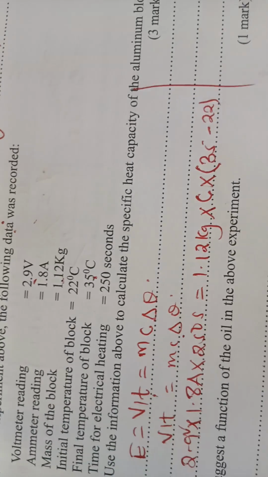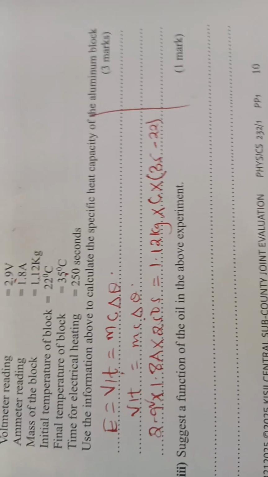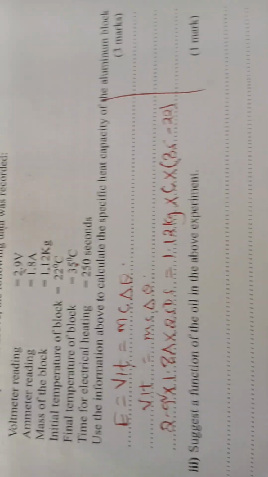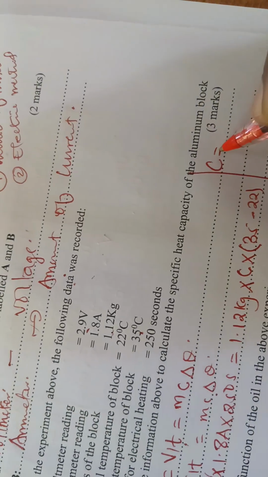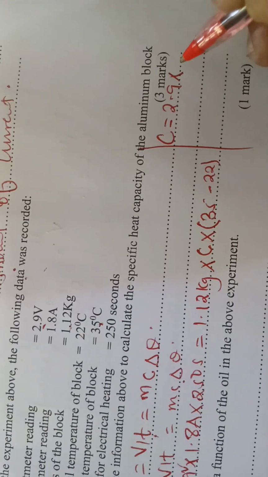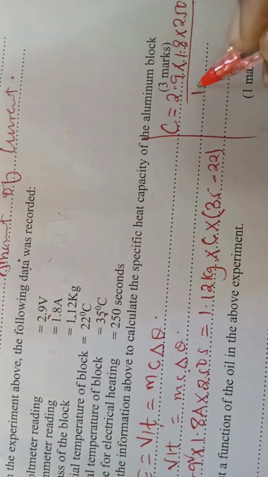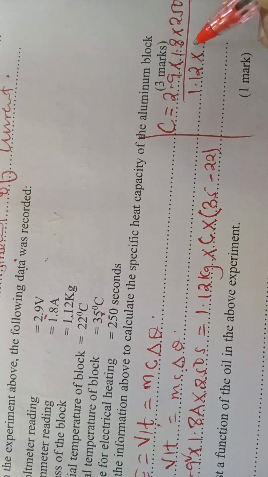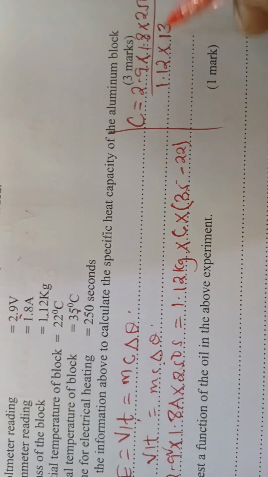So using our calculator, we can get that value. C is given as 2.9 multiplied by 1.8 multiplied by 250 divided by 1.12 multiplied by 35 subtract 22, that gives you 13.